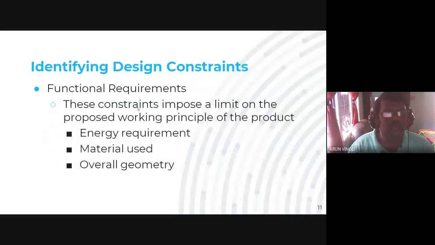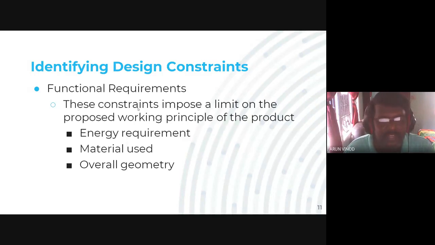So, what is a functional requirement? These constraints impose a limit on the proposed working principle of the product, for example energy requirement, material used, and overall geometry. Say energy requirement is very important for this product, for example battery constraints.